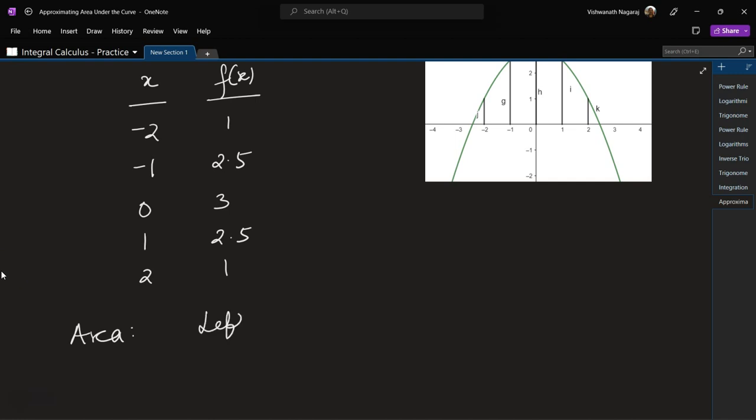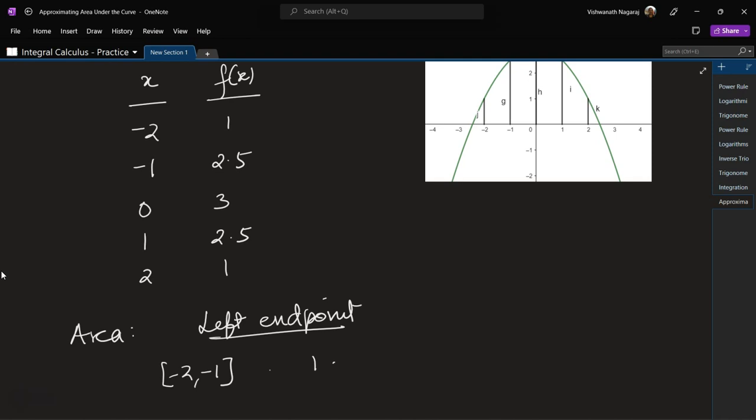So let's focus on the left endpoint of each interval. Okay, so in that case, what happens? Left endpoint would be, if we talk of minus 2 to minus 1, then the area would be 1 is the width times the height.